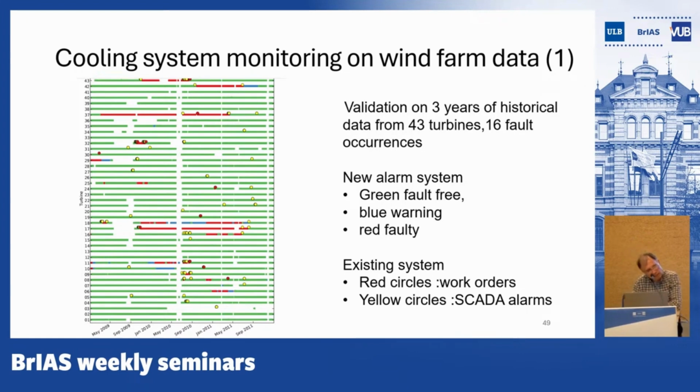But as you can see, for instance, in here, our monitoring system has detected a fault way before the first alarm takes place. This is simply due to the fact that it detects that the cooling dynamics is not what it should be, so a fan is probably already faulty by then.